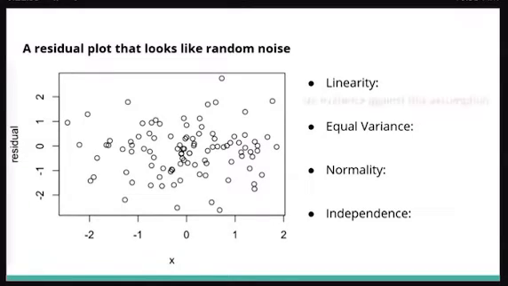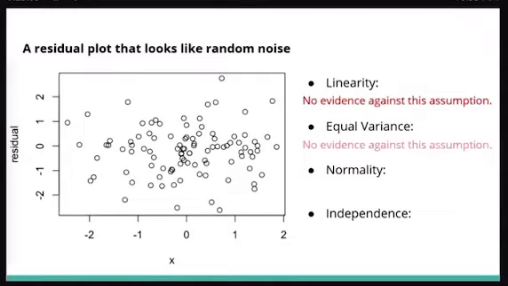Now, what can you say? For linearity, I'm going to say there is no evidence against that assumption, because as you can see here, the plot is without pattern. What about equal variance? We're also going to say no evidence against it. Let me tell you what equal variance means. If you take a look at all those points, they are more or less equally dispersed.